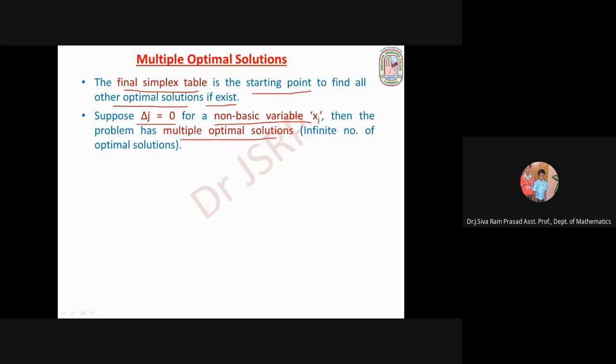So this is the point to identify whether the problem has multiple solutions or not. So in the final simplex table, for a non-basic variable xj, suppose its delta j value is 0, then the problem has multiple optimal solutions.